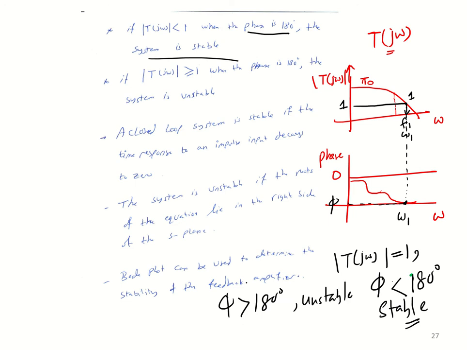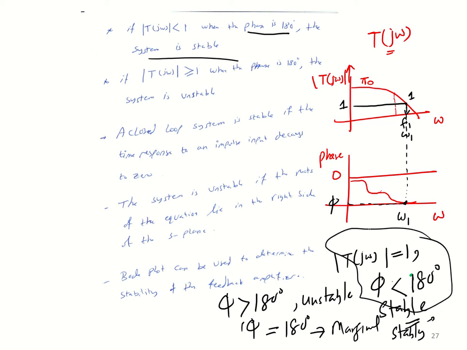And if the phase is equal to 180 degrees, that will be the marginal stability case. Your system will be marginally stable. We will put more focus on this to check the stability of the system.